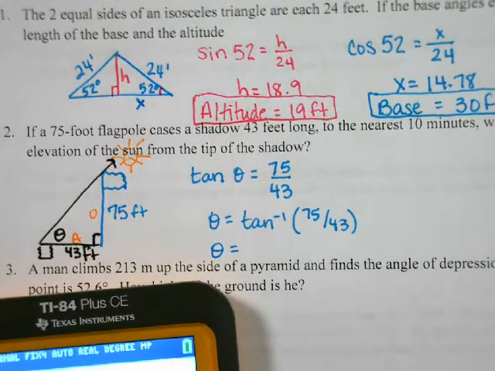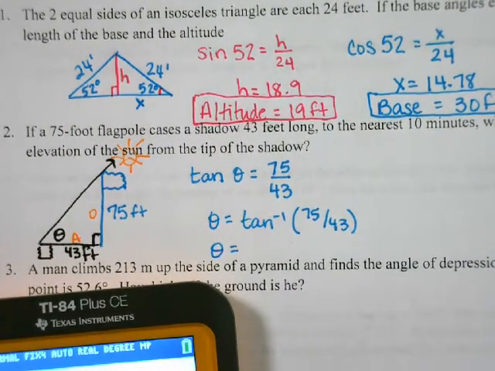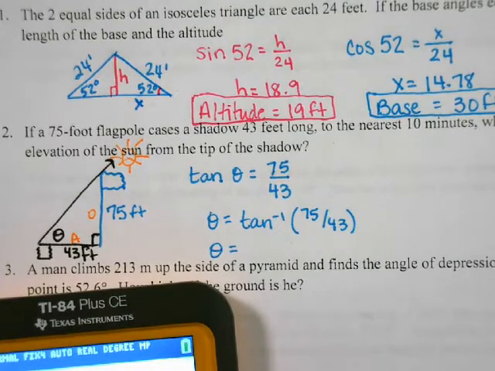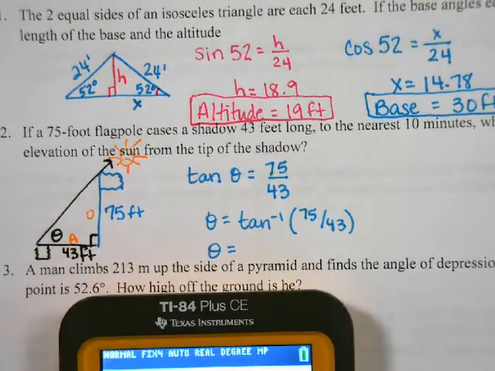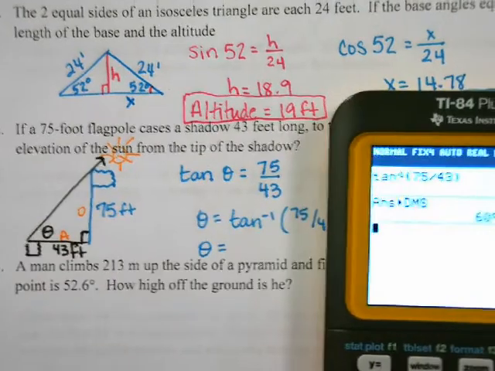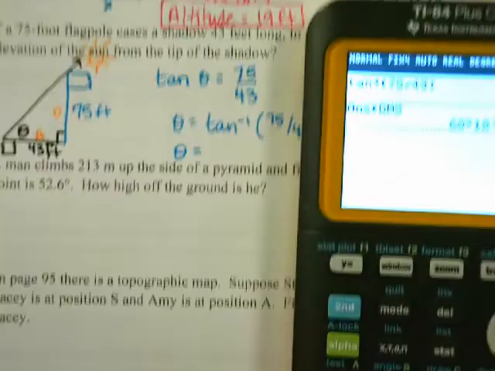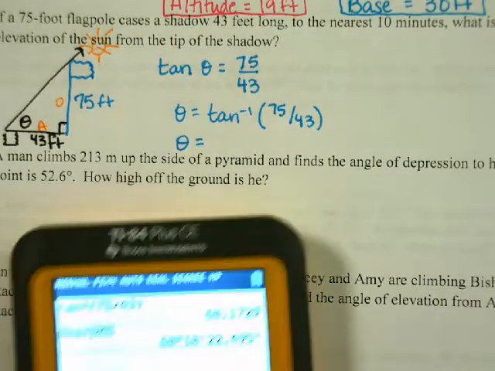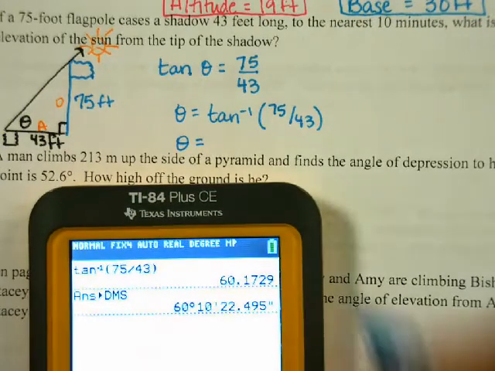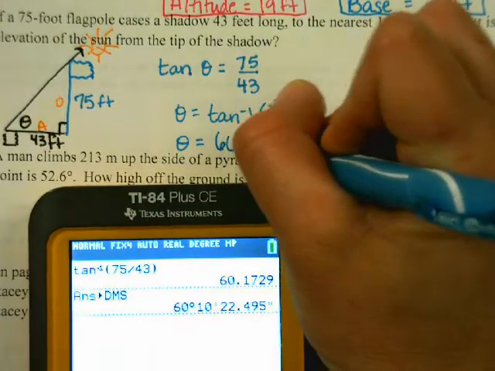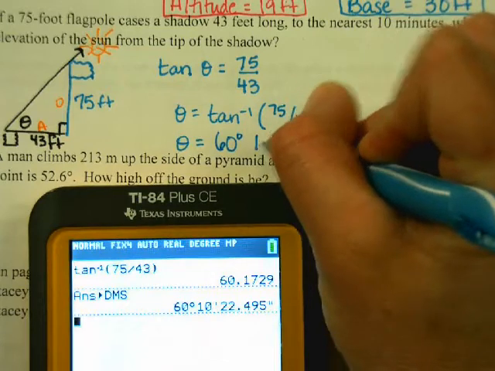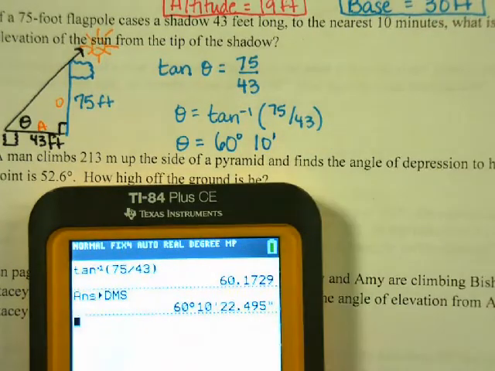It said to the nearest 10 minutes though, so I'm going to convert this guy to degrees, minutes, seconds. Degrees. This one's nice and easy. 10 degrees. 10 minutes, excuse me.